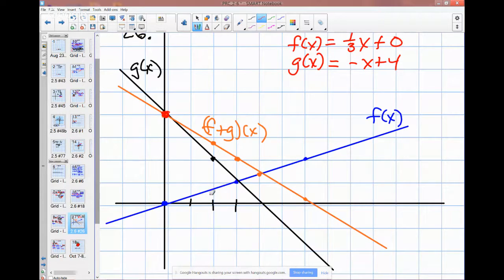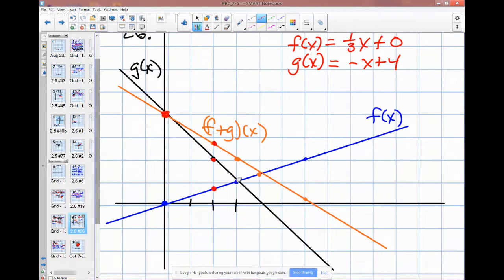Let me just show you an example here. The height of the blue line at 2 is approximately 3/4, let's say. The black line at that point is 2. And what's 2 plus 3/4? 2 3/4. And that's a point on my line here. By the way, in the beginning, 0 plus 4 is 4.